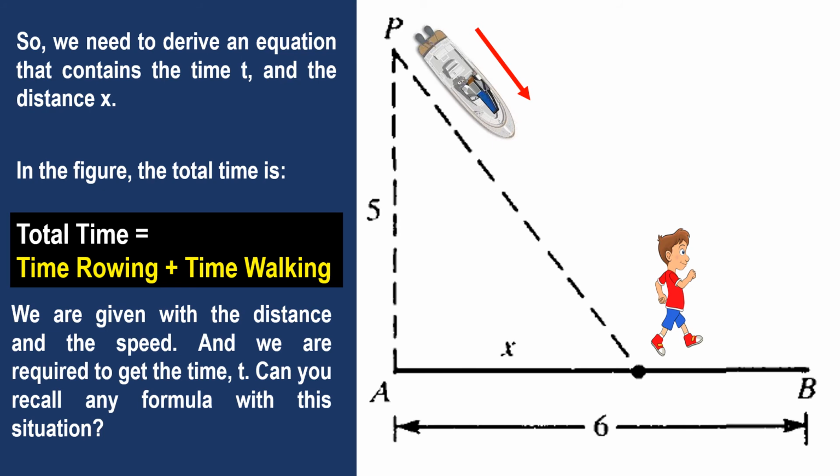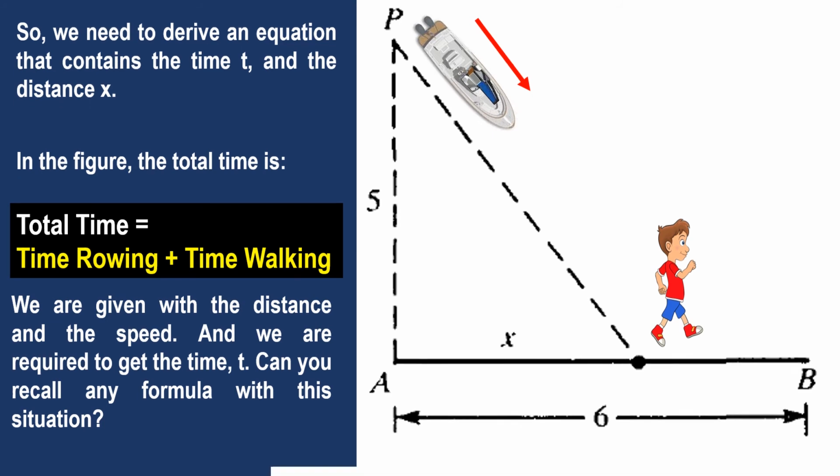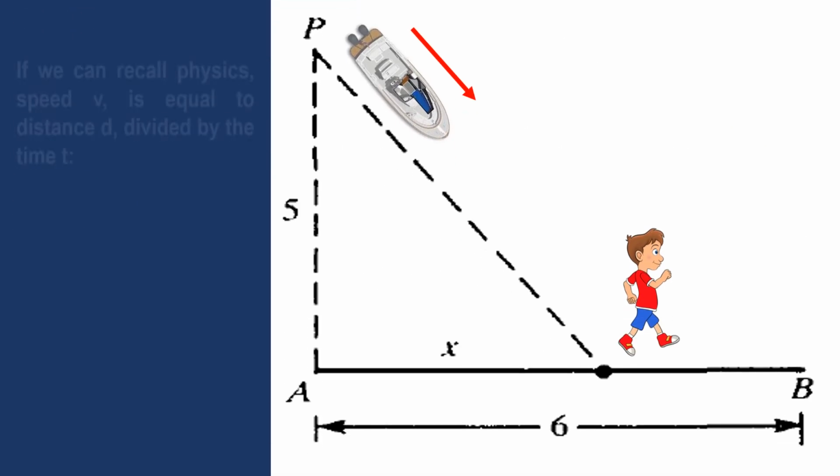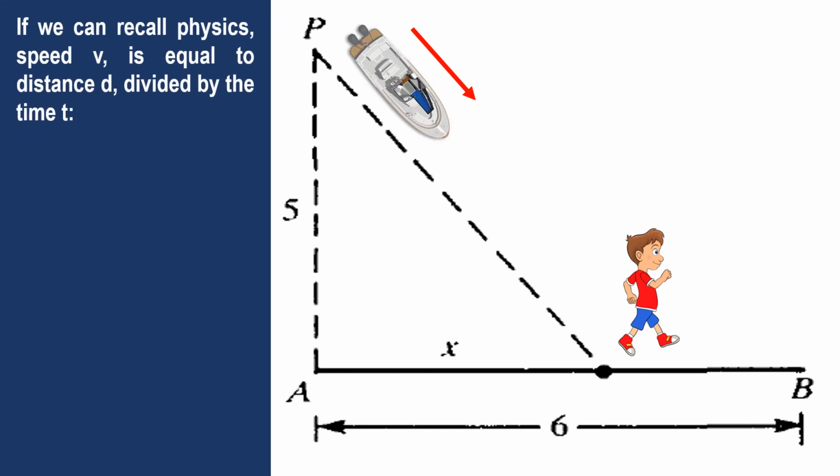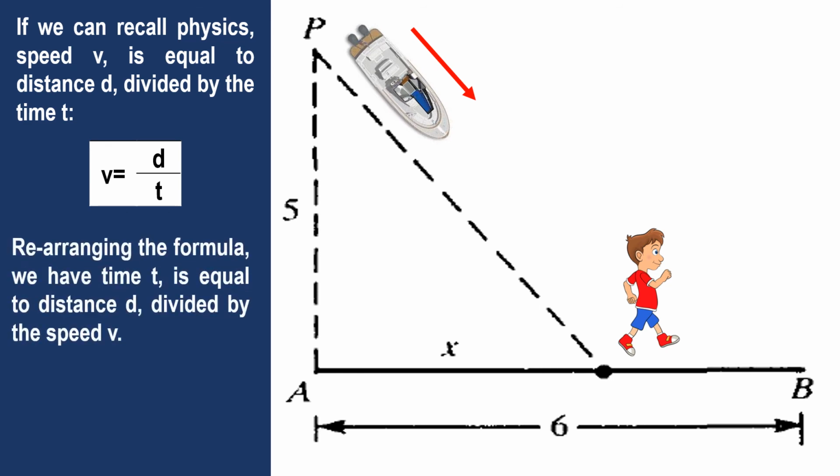Can you recall any formula with this situation? If we can recall physics, speed v is equal to distance d divided by the time t. Rearranging the formula, we have time t is equal to distance d divided by the speed v.